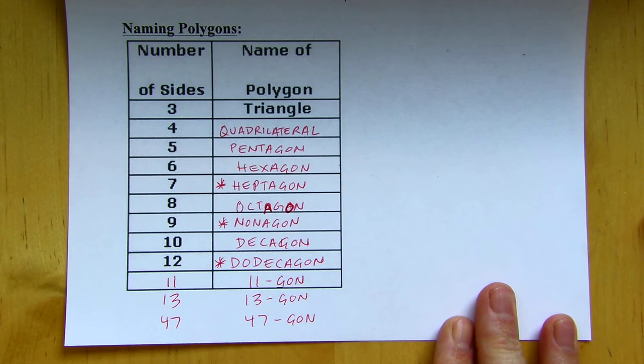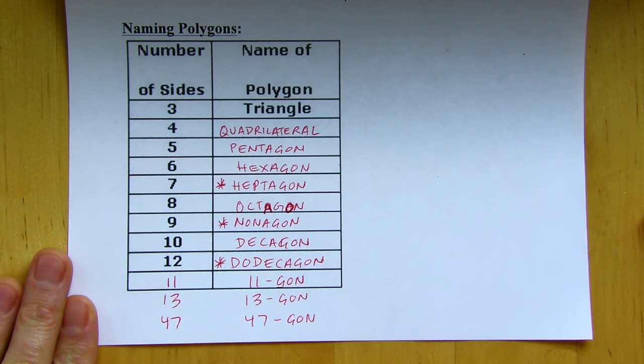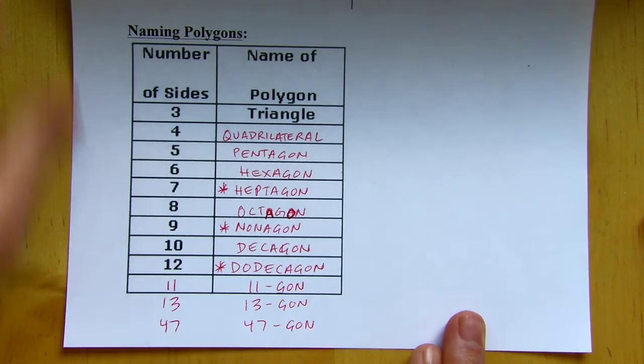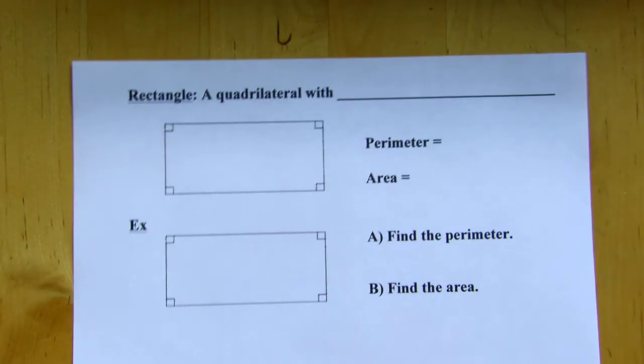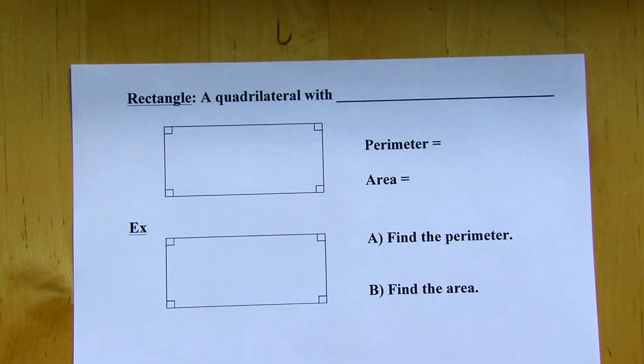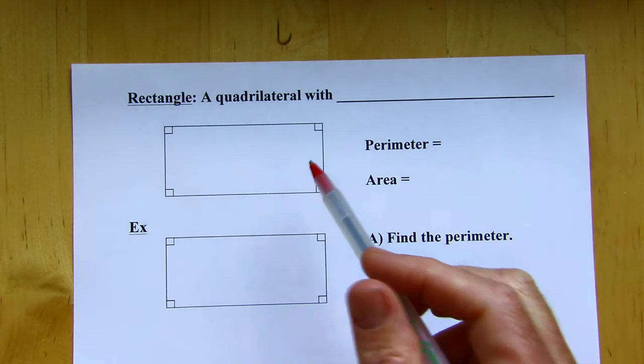Okay, let's move on. We're going to get into perimeter and area. So we're going to start with some basics. Okay, a rectangle. I know you know what a rectangle is, but let's define it. It's a quadrilateral, has 4 sides.